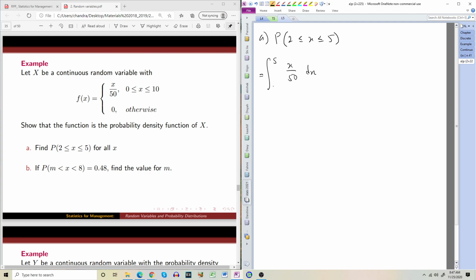For continuous, you integrate. Just double check whether you get this answer.